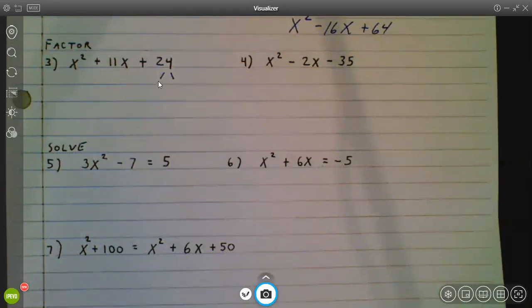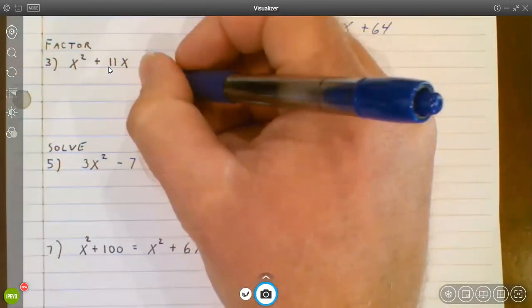So what are factors of 24 that would add to be 11? 8 and 3. 8 and 3, you got it.